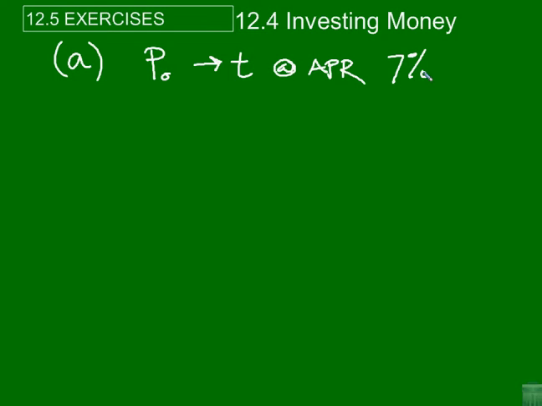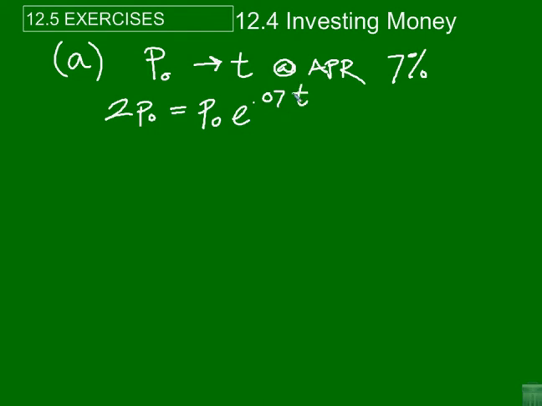So here we go. If we want our money to double, we're going to end up with 2 times our initial value. So I set 2 P0 equal to an exponential function, P0 e to the rt.